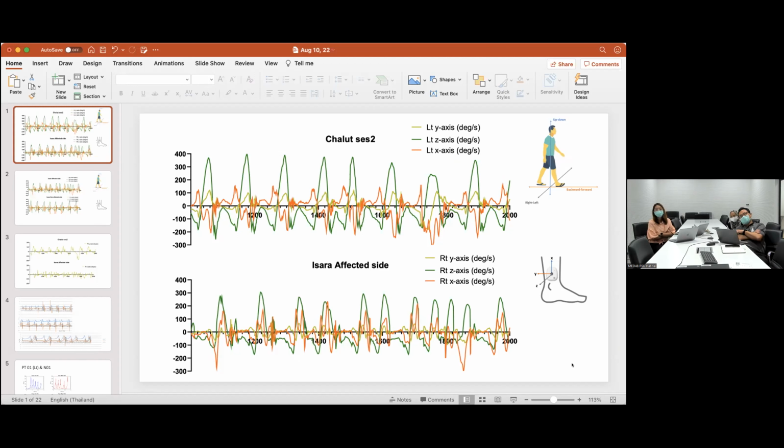I agree with your suggestion that we can publish on this data set what we see and the new findings on the kinematics of stroke patients. And as I asked, she has to think about which parameters she would like to pick for the device.